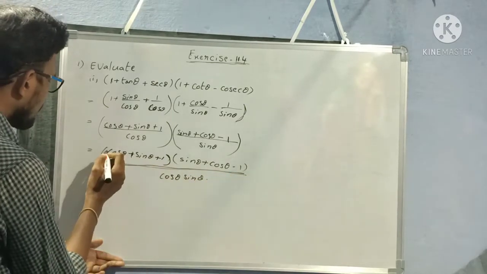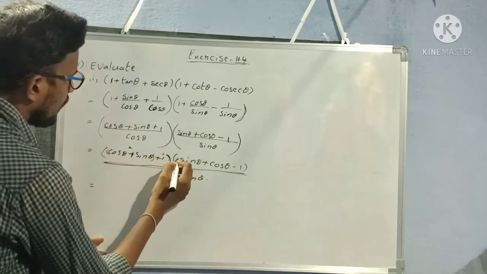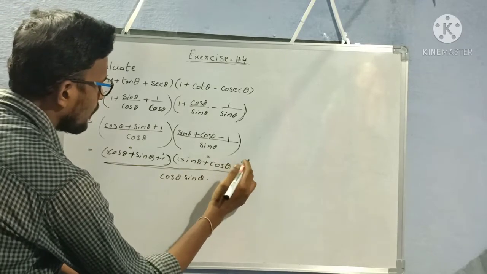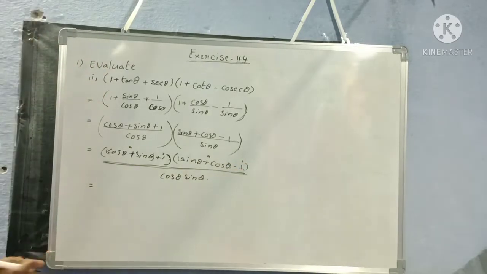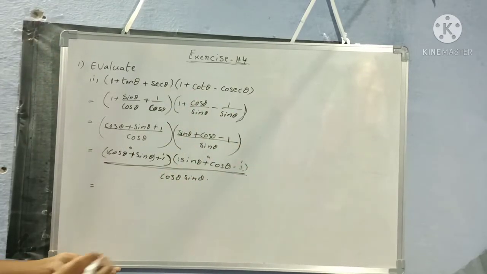Here we have sin theta plus cos theta in both, plus 1 in one and minus 1 in the other. If I consider sin theta plus cos theta completely as A and 1 as B, then A plus B into A minus B is equal to A square minus B square.